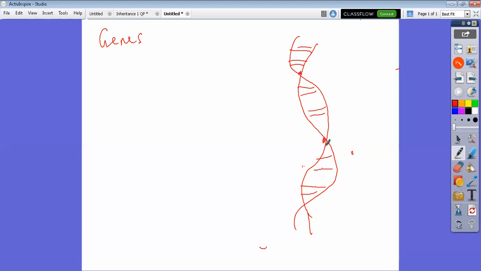I'm talking of sections here. These sections are what we call genes. A gene, as a definition, is a section of DNA that codes for a specific protein.